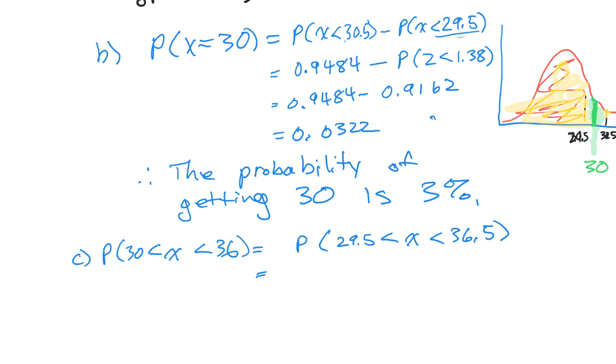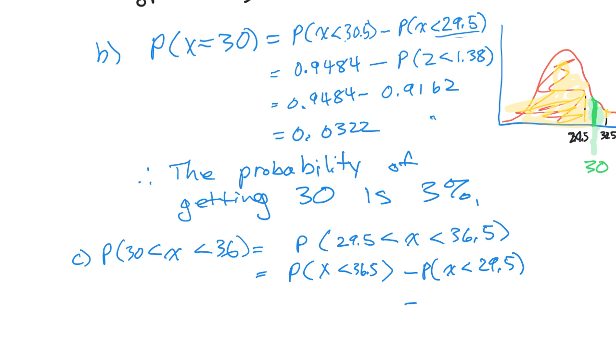So we know we need to find the probability of the z-score for 36.5 and the probability of the z-score for 29.5. So it's X being less than 36.5 and the probability of X being less than 29.5.